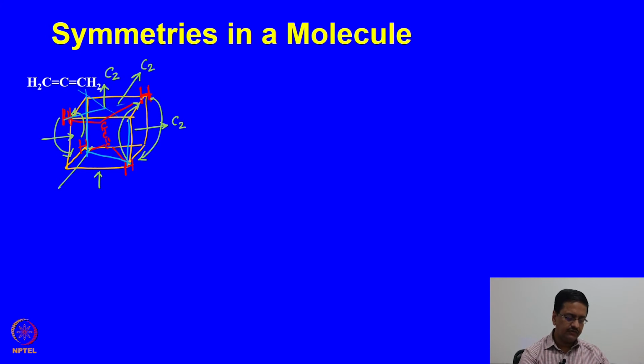If we divide the cube like that, this is a mirror plane, and if we divide the cube like this, it is another mirror plane. So, this has 3 mirror planes which are technically sigma d, because every individual sigma plane that we have drawn here is bisecting two perpendicular C2s.